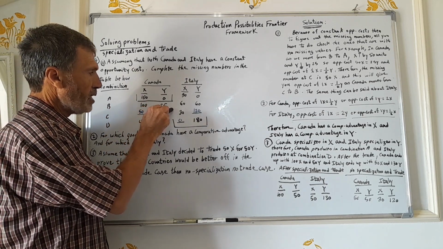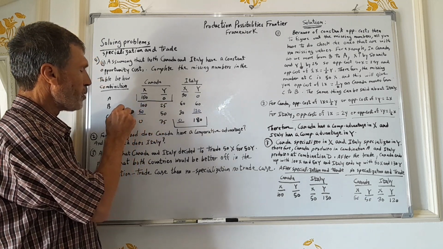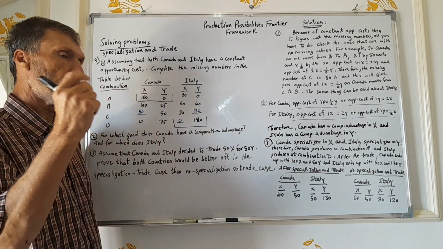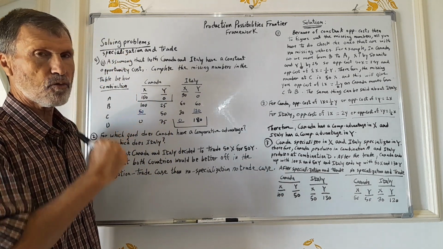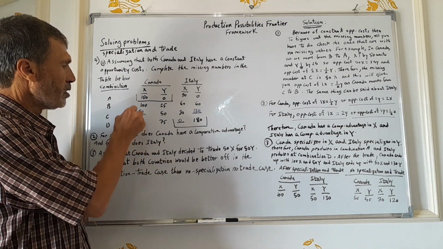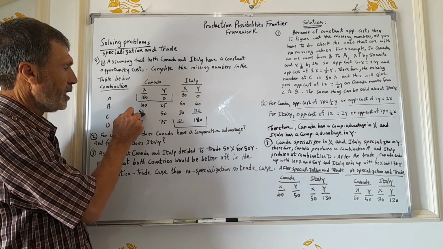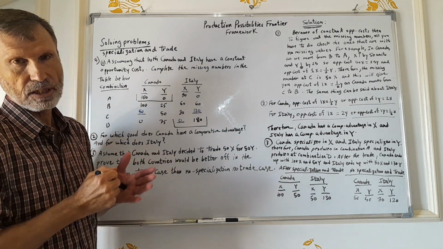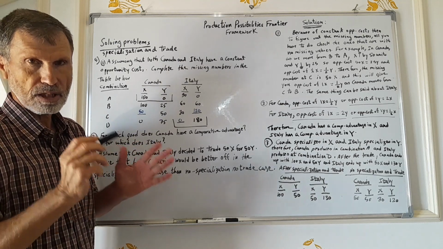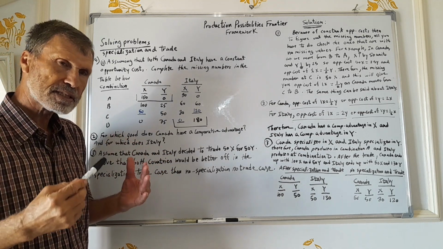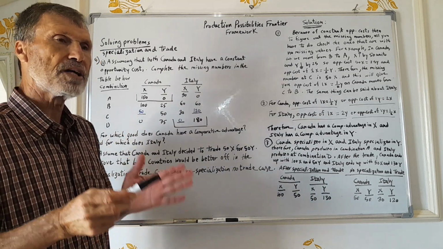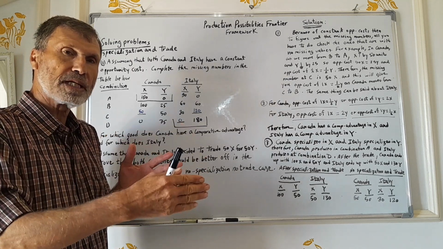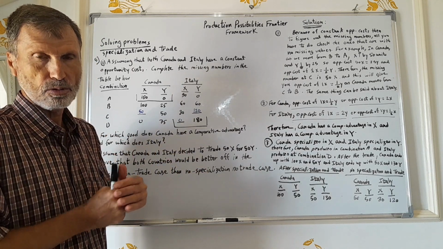And then Y decreases by 25. And so the opportunity cost of 50x is equal to 25y, and the opportunity cost of 1x is 1/2 y. So now we finished filling the missing numbers here, because we have constant opportunity cost. So it's easy to find the missing values. If you have a missing number somewhere, first try to find the opportunity cost, in order to go back and fill it in.